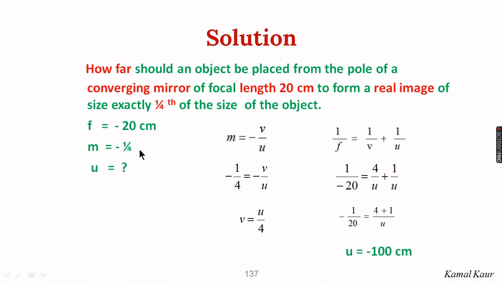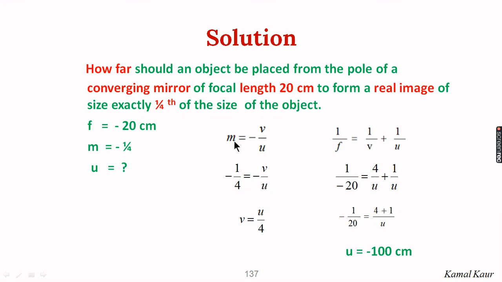Now in this question, we are provided with these two things. If we use this formula, m is equal to minus v upon u, we know only m. v and u are unknown quantities. Here also we know only f, and v and u are unknown quantities. Now in such situations where two quantities are unknown, we find one quantity in terms of the other.